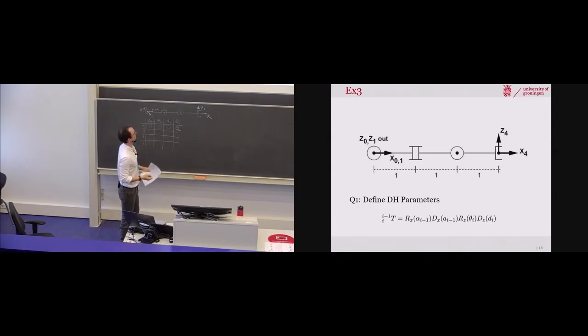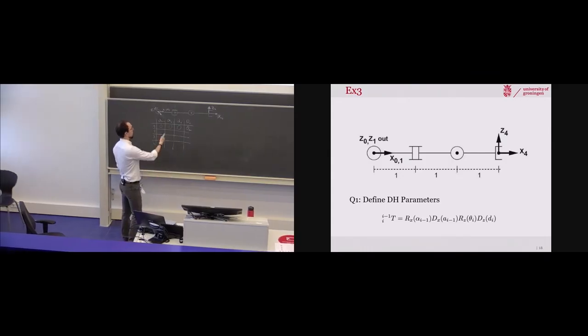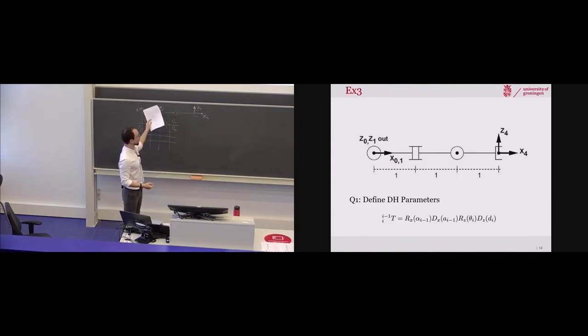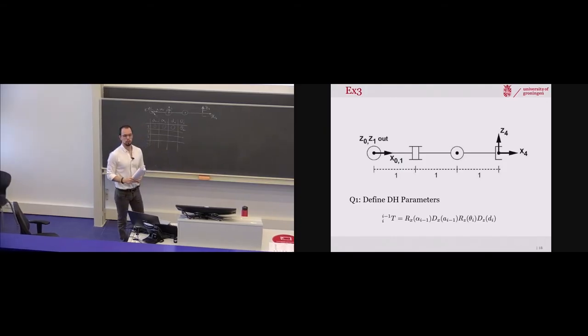Now I have to place the Z, okay? There is nothing written about in which direction the joint rotates. So we place Z up if we assume that the joint is rotating counterclockwise, and we place Z down if we assume that the joint is rotating clockwise, okay?